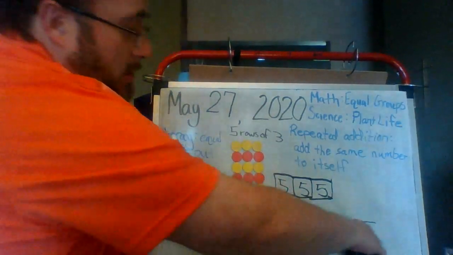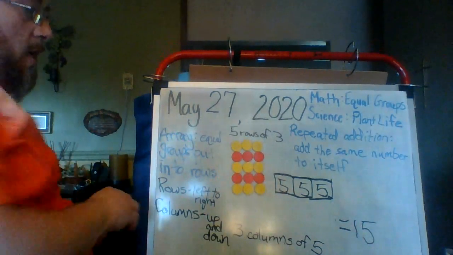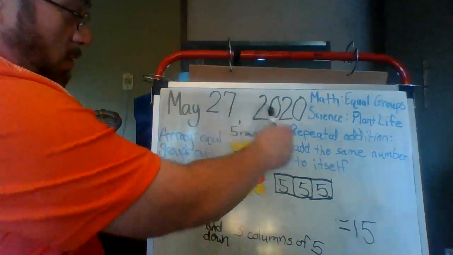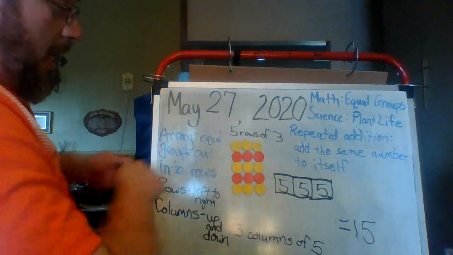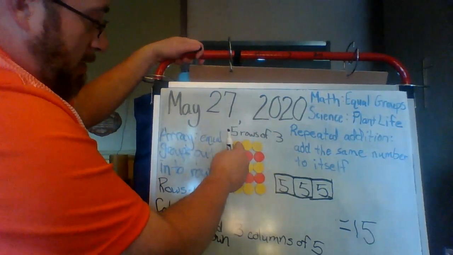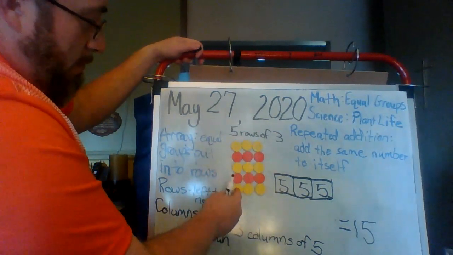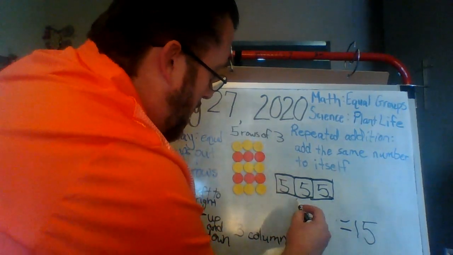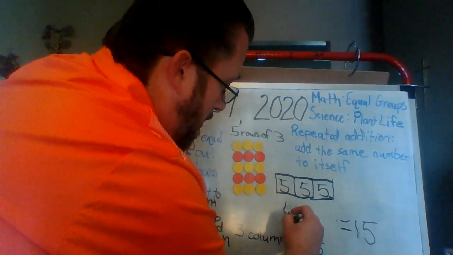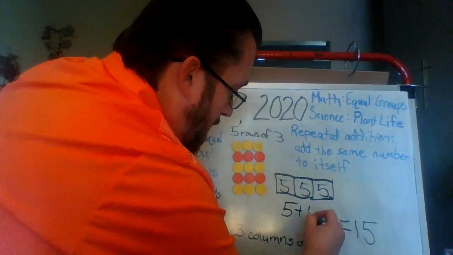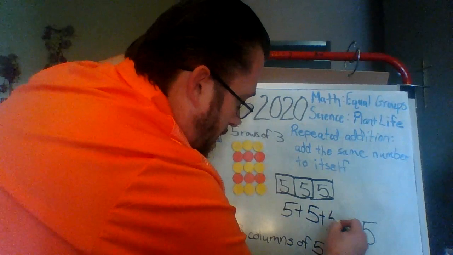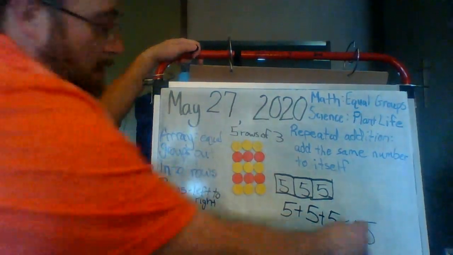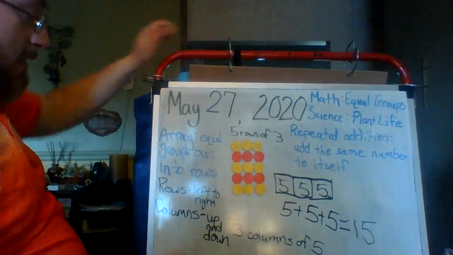I'm not changing the answer at all. I'm just changing how I talk about it. The last time I talked about rows, now I'm talking about columns. And in each column, I have 1, 2, 3, 4, 5. There's 5 in each of these columns. So now the number I add repeatedly is 5. 5, 10, 15. The answer is 15. Stays the same.